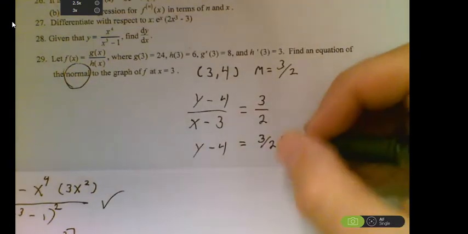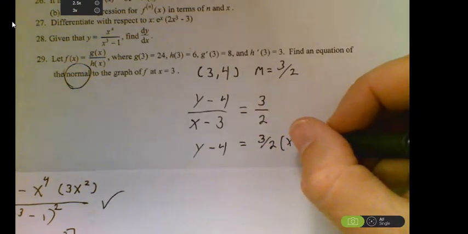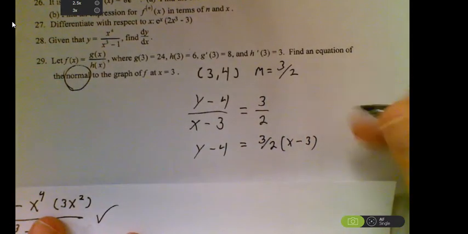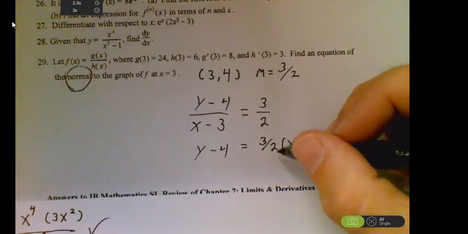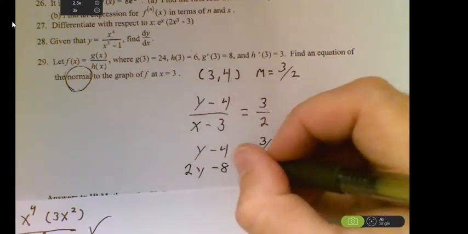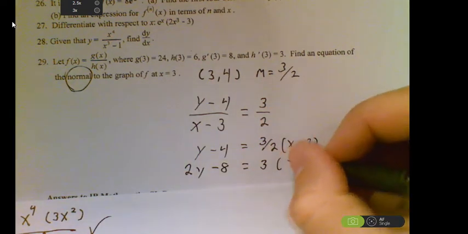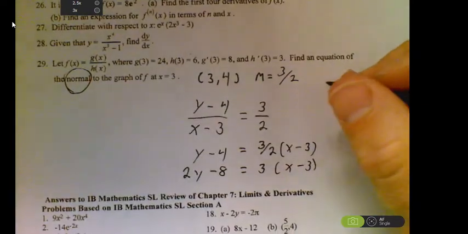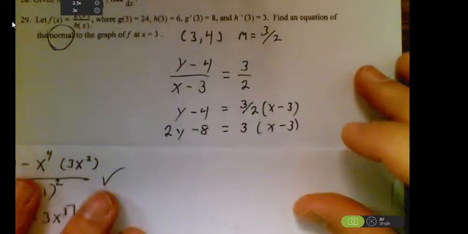So from here, bring in that x minus 3 over. This could be a good step to just multiply everything by 2 and clear out the fraction if you want. That can be done at any time. I'm going to run out of room there, so there we go.